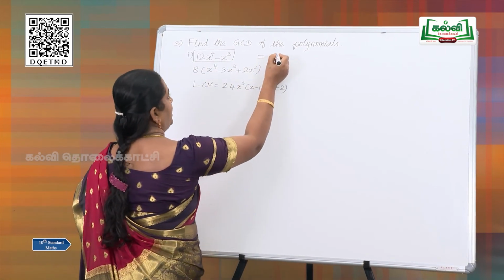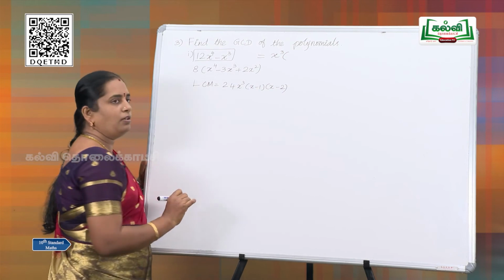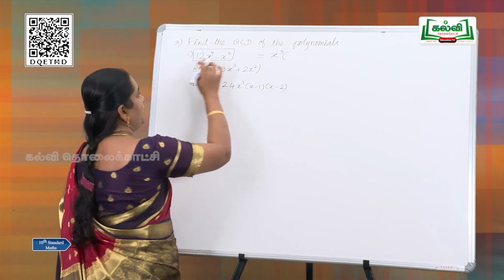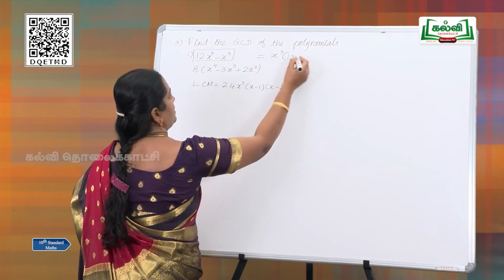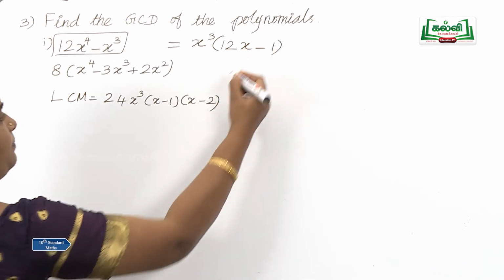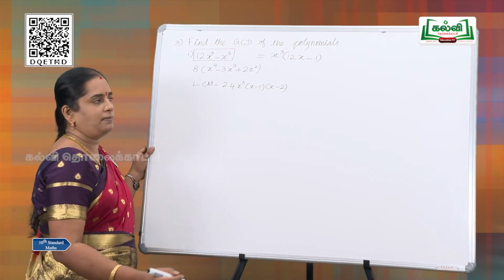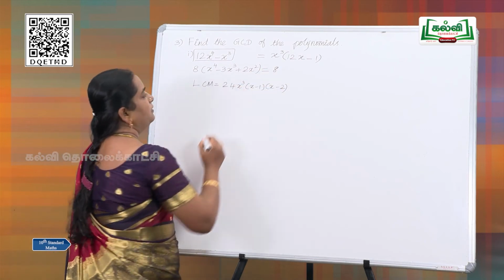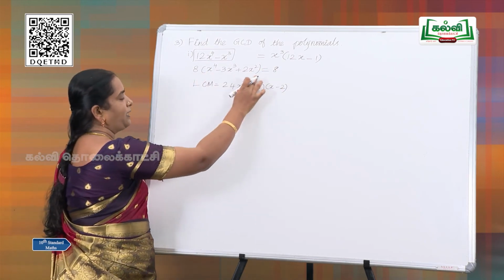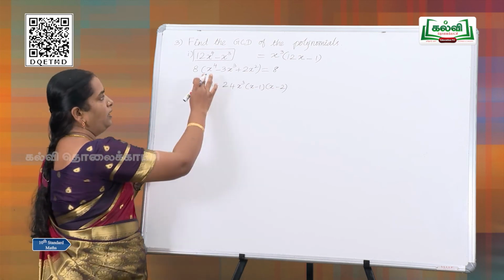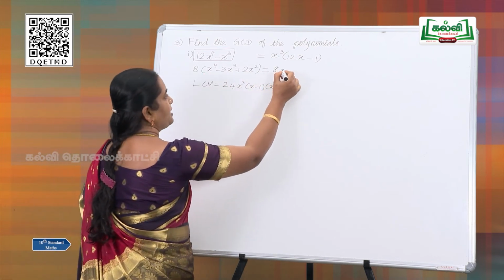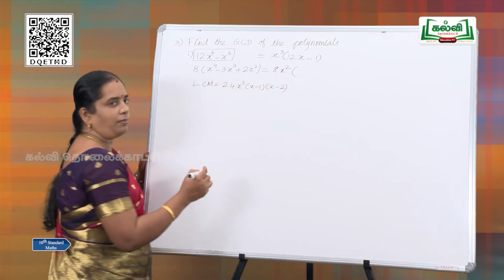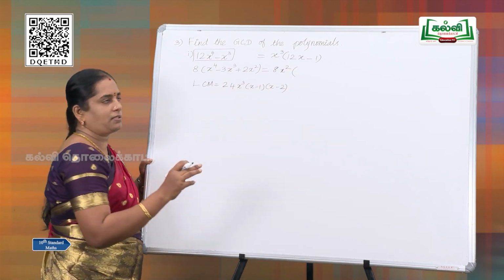So, we can take out x cube as x cube is common in both the terms. Here 12x is there minus 1, so 12x minus 1 remains, and here 8 is already factored. We have to take out the common factor in all these terms. In all these three terms we can take out x square.